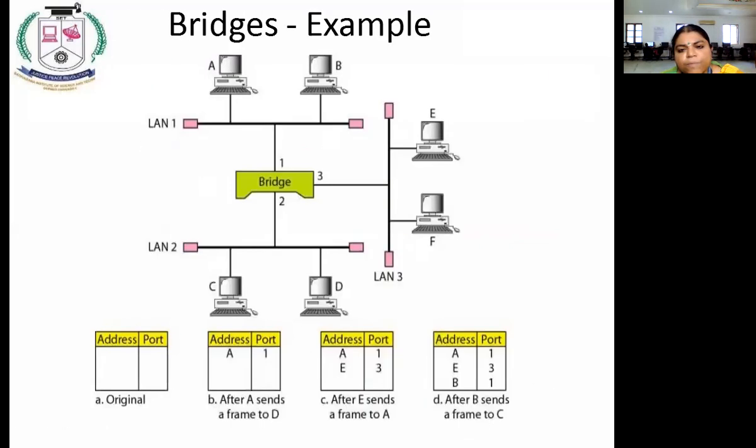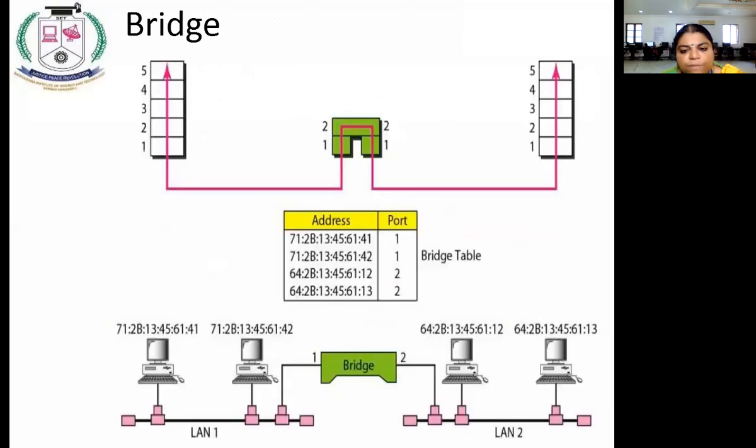Yeah, tell me. If a message needs to be sent from 41 to 13, then the message will travel from port 1 to port 2 through the bridge. While traveling, is it possible that the same message is also delivered to system 42?